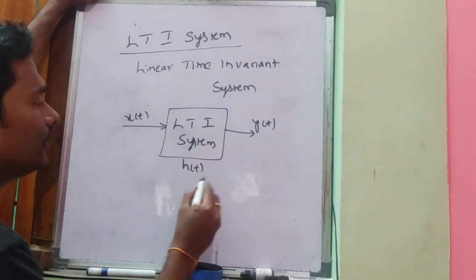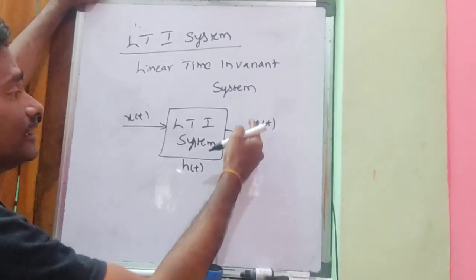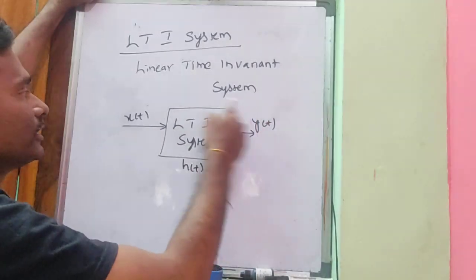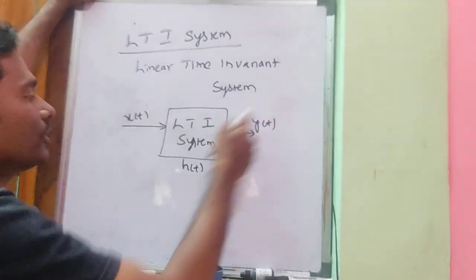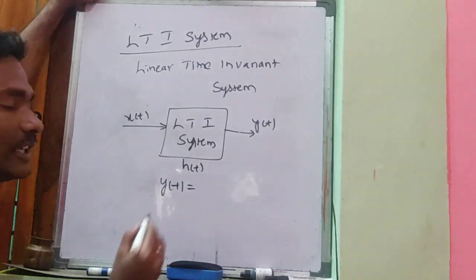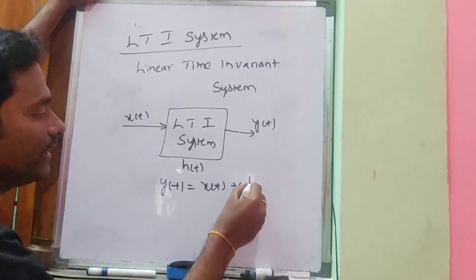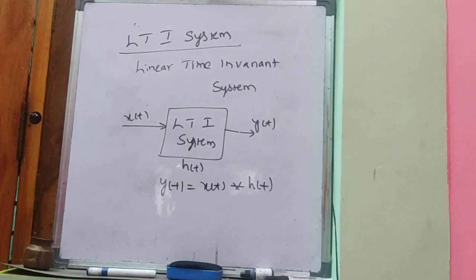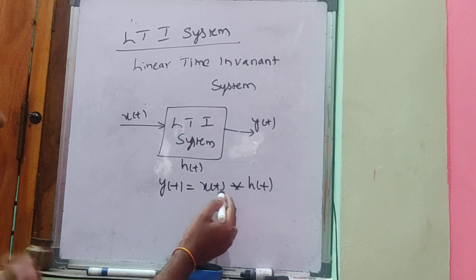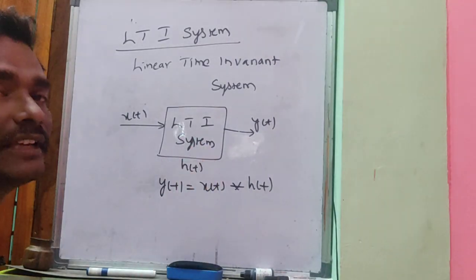The relationship between the input, output and the impulse response is given by y of t is equal to x of t convolved with h of t. This convolution operation can only be done when the system is LTI.